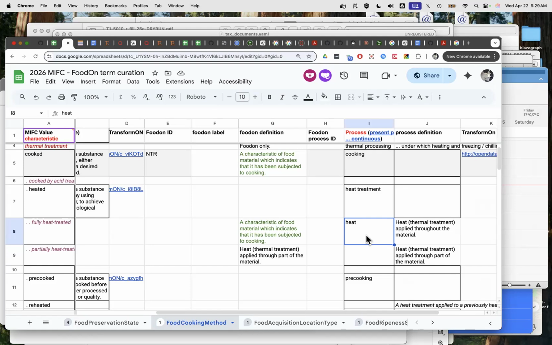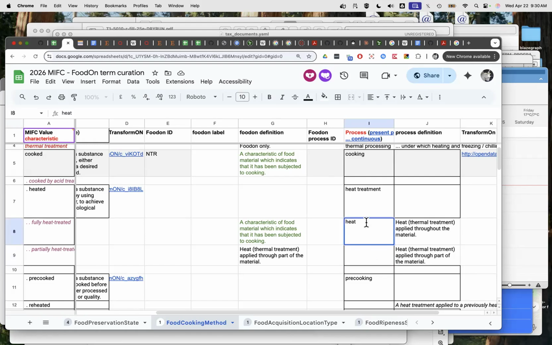Just thinking about the recipe model, if you have a recipe which says partial heat treatment, then don't fully cook. In other words, this is the way to make a rare steak. So these are degrees of the adjective that will show up, but it's actually setting the objective of the process. And so the question is, do we want to pre-compose a term that actually has that baked in?